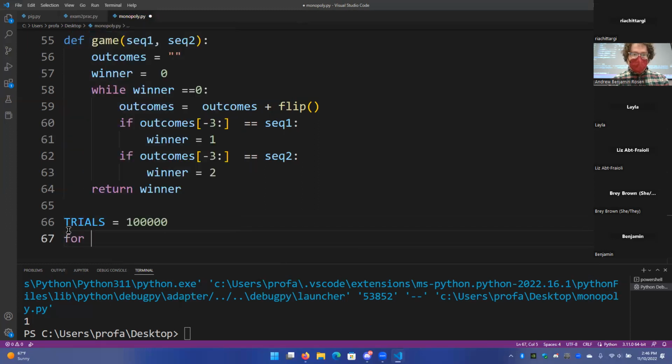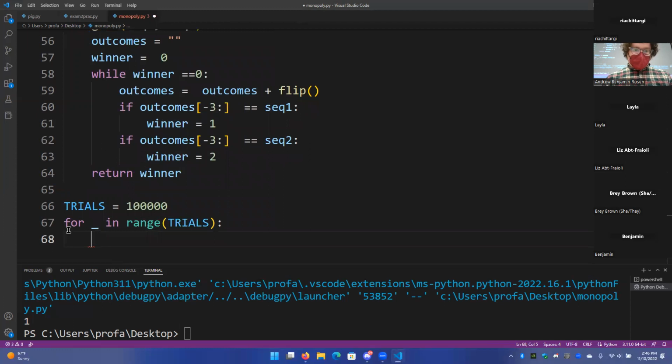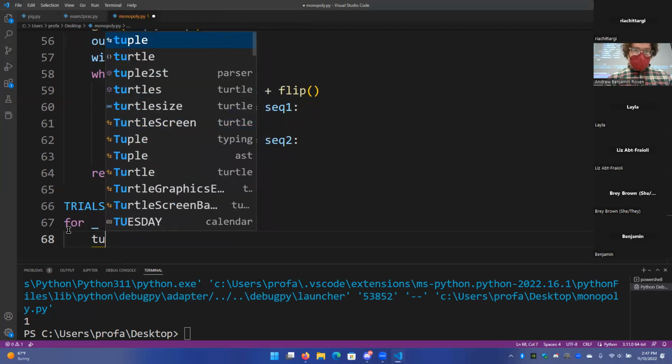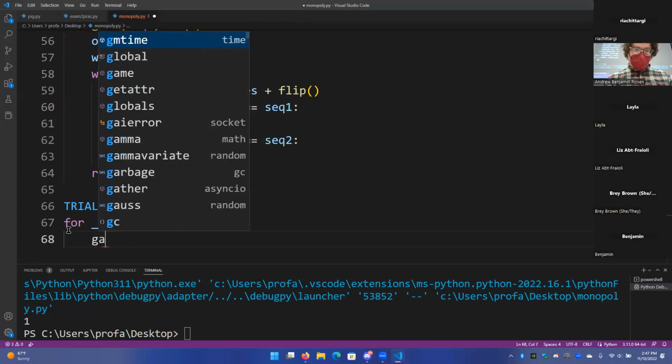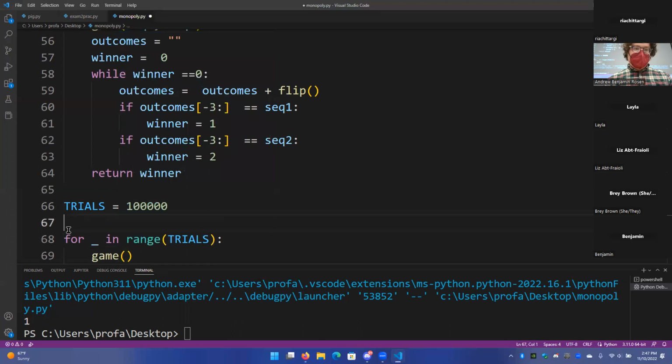Now, for underscore in range trials. Sometimes I lose my train of thought there. Okay, nope, sorry, game. This is doing a game, and this game is going to return some kind of outcome. So here I can do just player 1 wins.